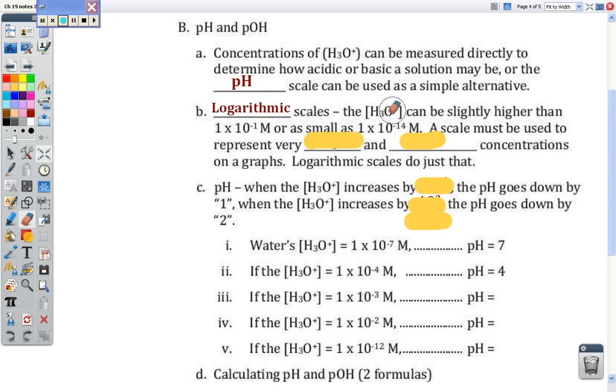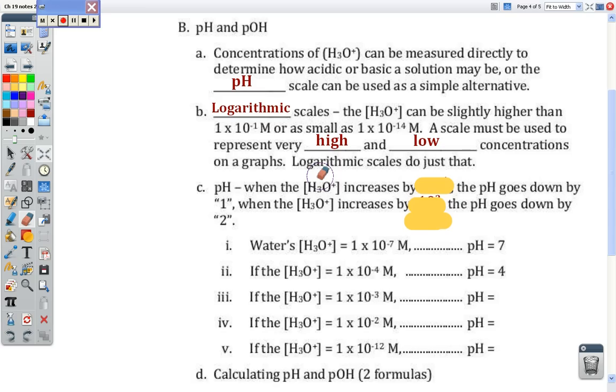And so the hydronium ion can be slightly higher than 1 times 10 to the negative 1 molar, or even as small as 1 times 10 to the negative 14 molar. And so the scale is used to represent very high and very low concentrations, and to show exponential changes on a graph, because it's not linear, it's exponential, we use logarithms for that.